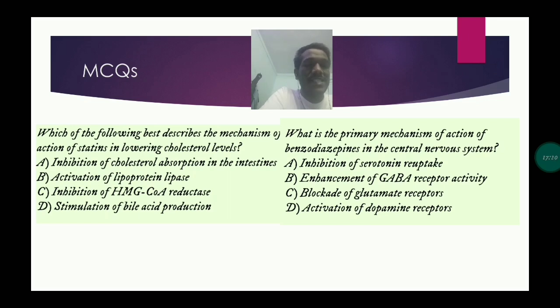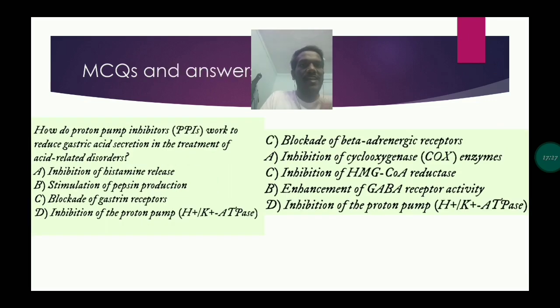The answer is option B, enhancement of GABA receptor activity. And the fifth and final question, how do proton pump inhibitors work to reduce gastric acid secretion in the treatment of acid-related disorders? The answer is option D, inhibition of proton pumps.